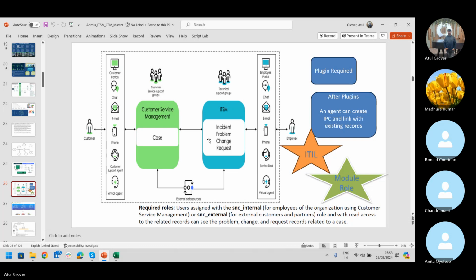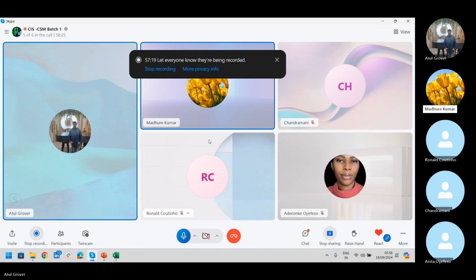When you are a SaaS or a PaaS provider, you will need to have both of them together. Mostly, if you're Zscaler, for example, you will have a CSM module and an ITSM module. Let me give you an example.